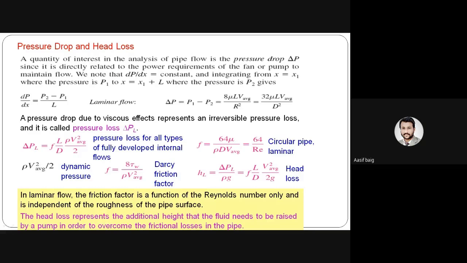Now, pressure drop and head loss. A quantity of interest in the analysis of pipe flow is the pressure drop ΔP, since it is directly related to the power requirement of the fan or pump to maintain flow.